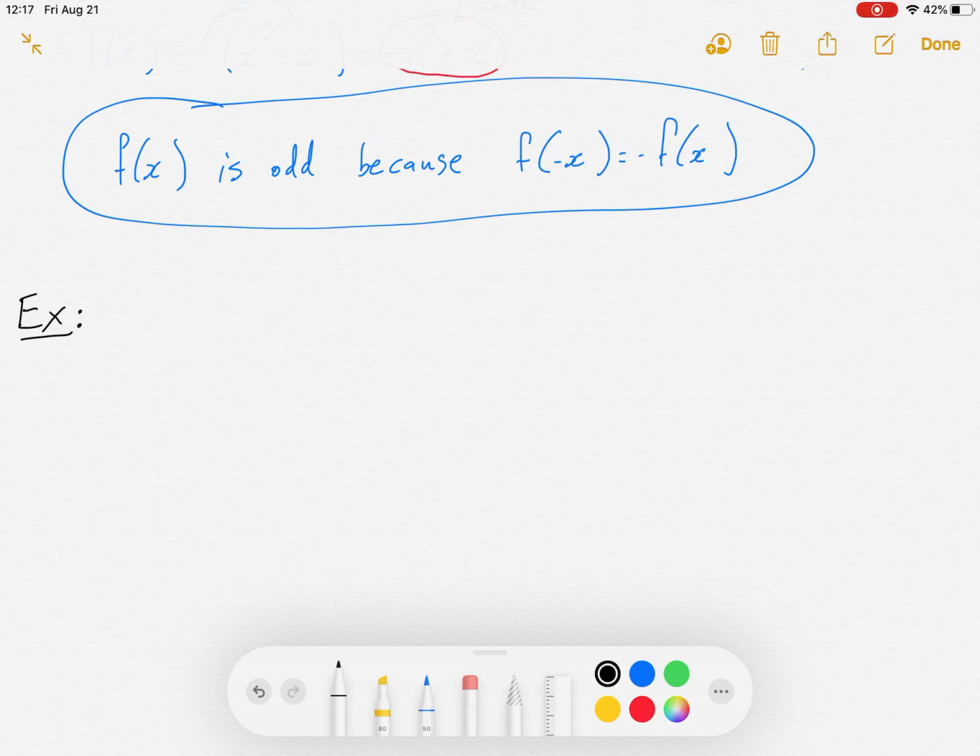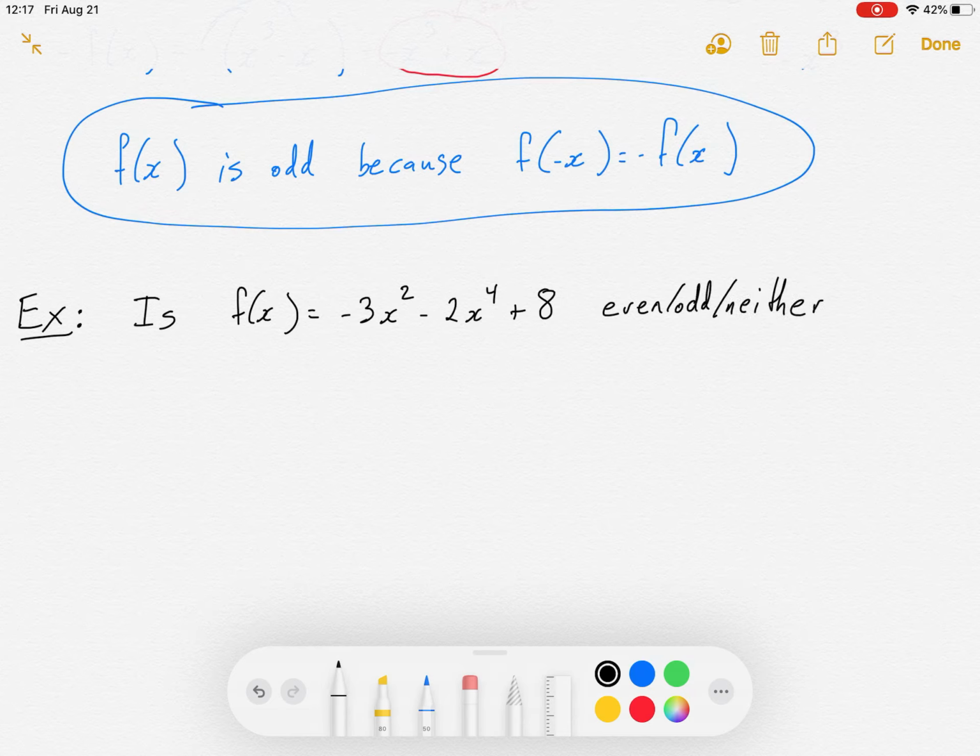So the question here is going to be, is the function f of x equals negative 3x squared minus 2x to the fourth plus 8. I'm going to say, is that even, is it odd, or is it neither? Even or odd.